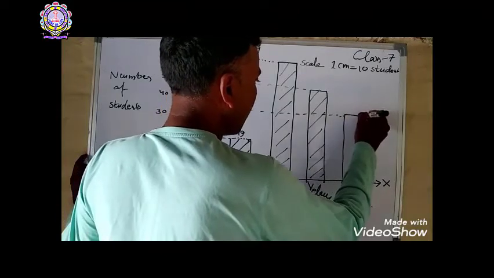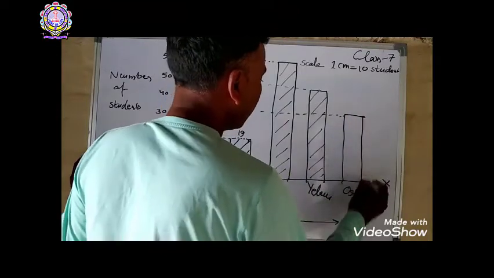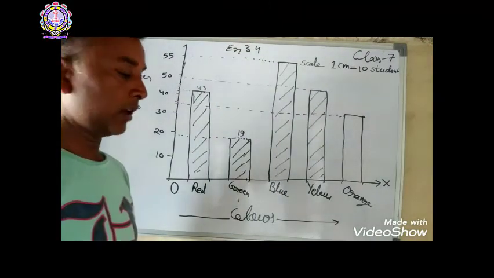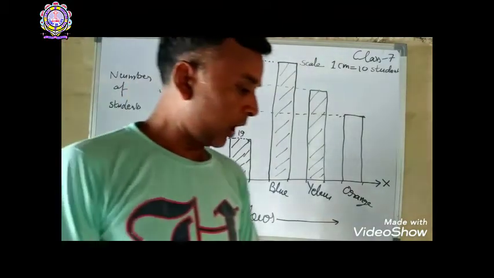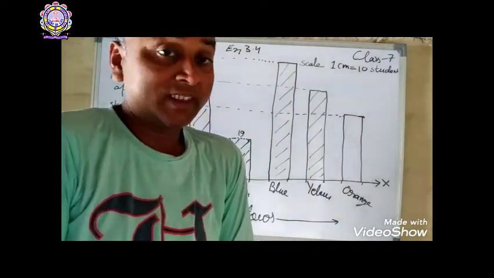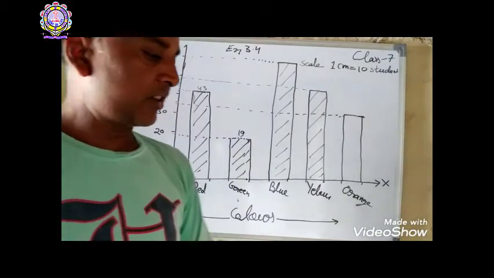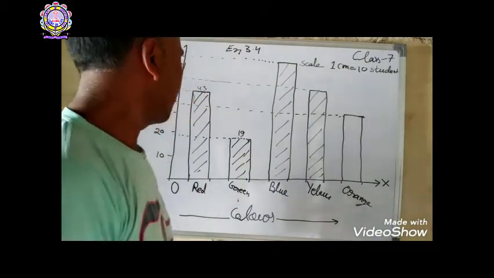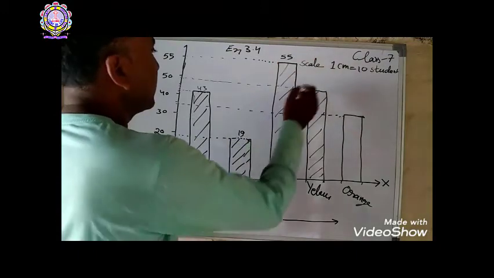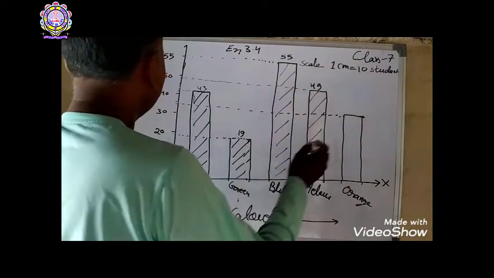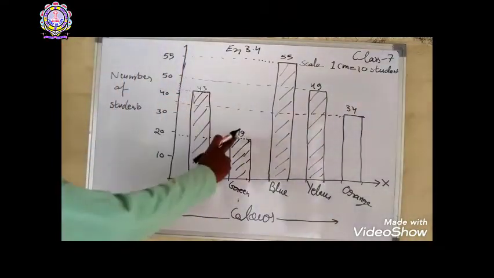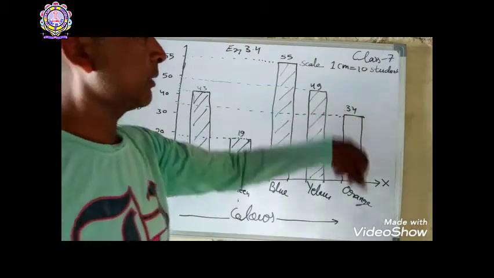So this is your bar graph, single bar graph you can say, or bar graph. So this is the first question. And now, one question is, how would you choose a scale? Here there are no multiples of 10. The numbers are 43, 19, 55, 49, 34.